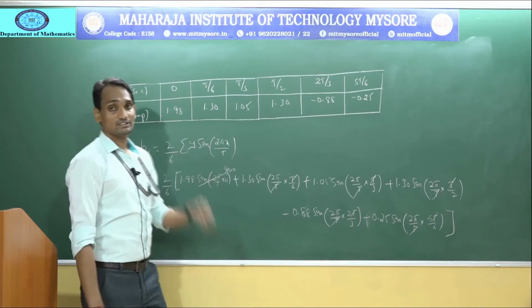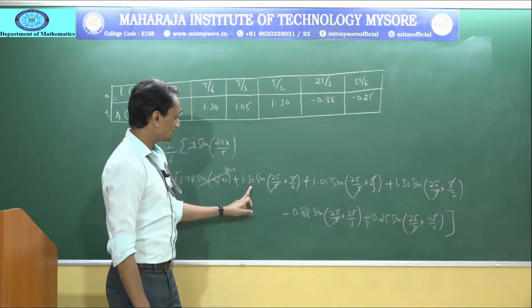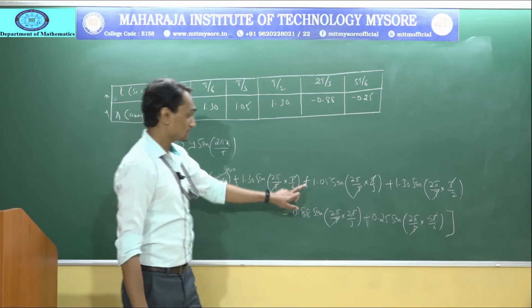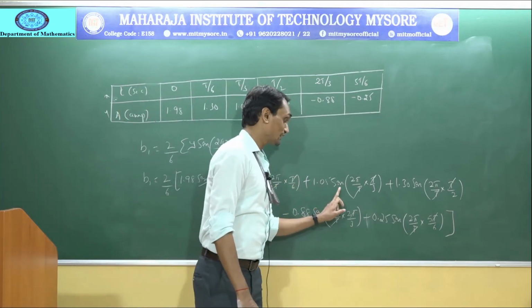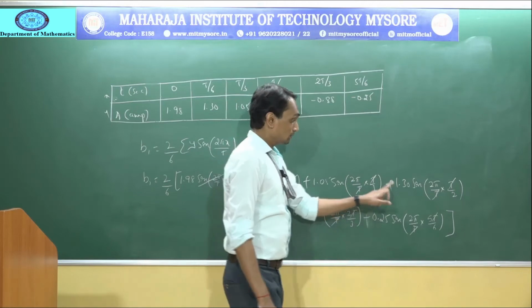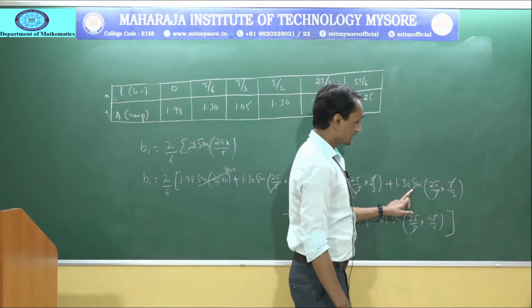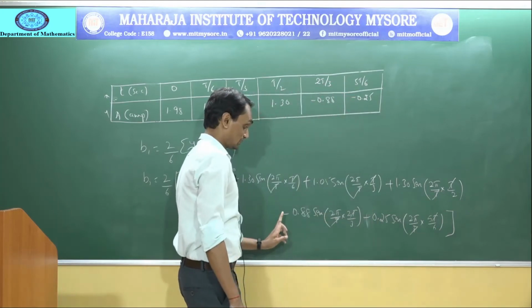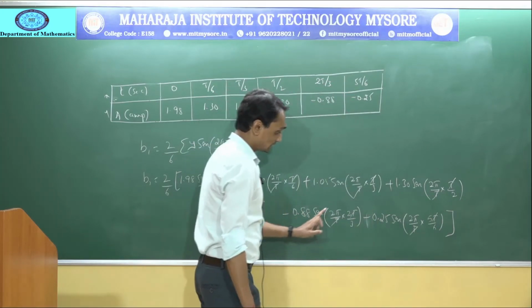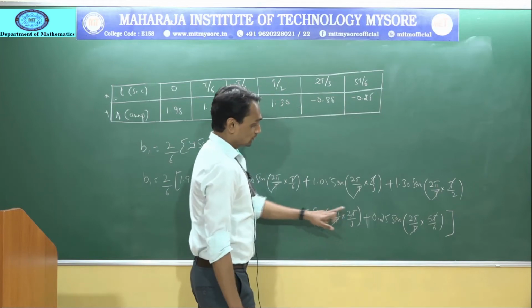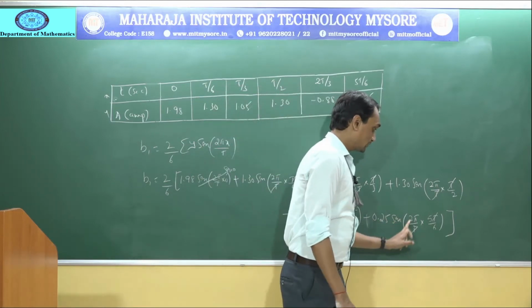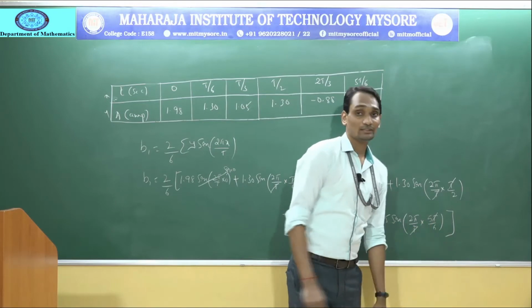1.98 into sine 0 plus 1.30 into sine 2 pi by 6, plus 1.05 into sine 2 pi by 3, plus 1.30 into sine 2 pi by 2, plus minus 0.88 into sine 2 pi into 2, so it becomes 4 pi by 3, minus 0.25 into sine 5 into 2, 10 pi by 6.